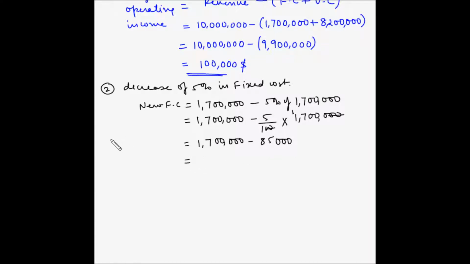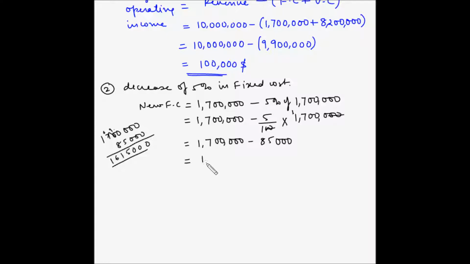So this is equal to 1,700,000 minus 85,000. So this becomes 6, 1 carryover, 9, 1 carryover. So 10 minus 5 is 5, 9 minus 8 is 1, 6 is 6, and 1 is 1.